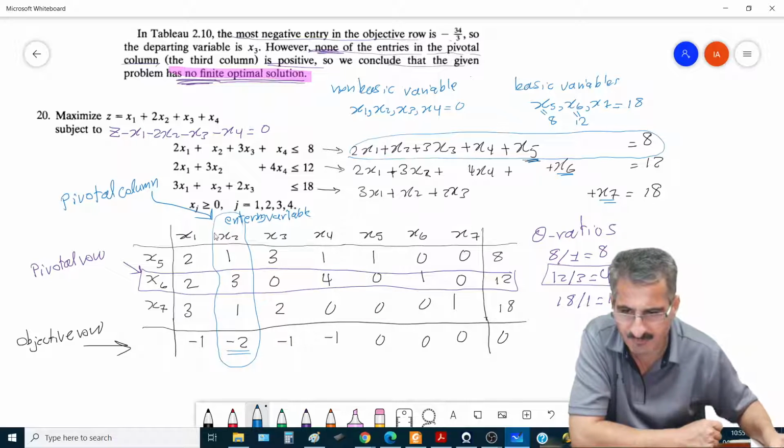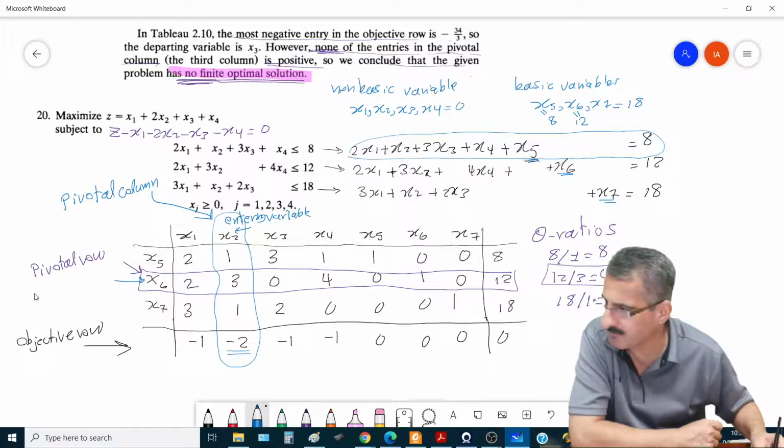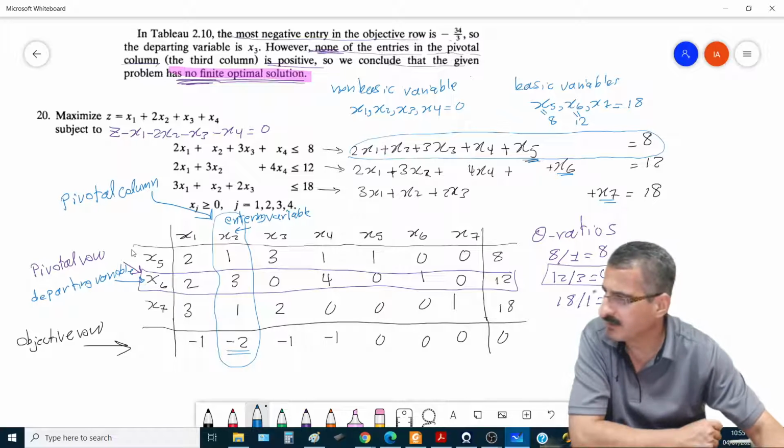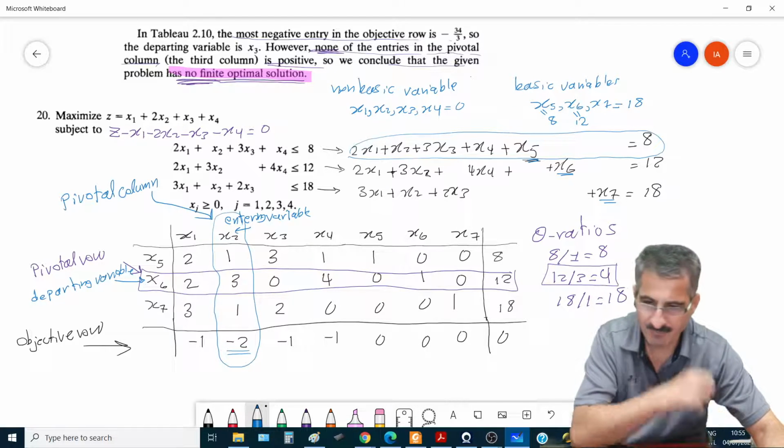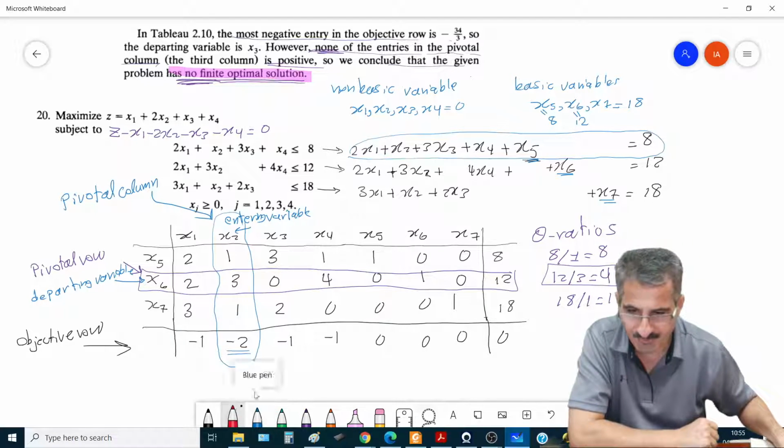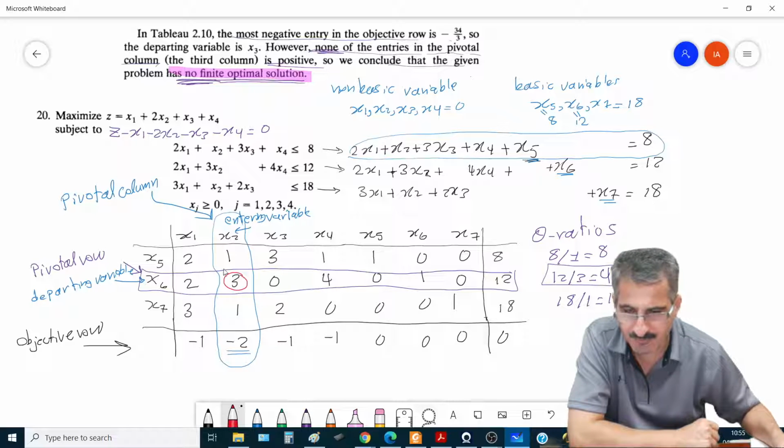Oops, the entering variable, which is x2, and this is the departing variable. The entering variable and the departing variable. Okay, good. And now this 3 here we call the pivot.